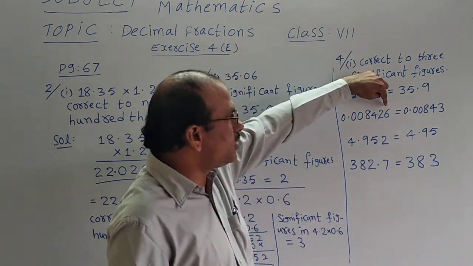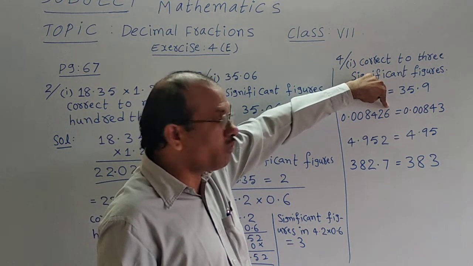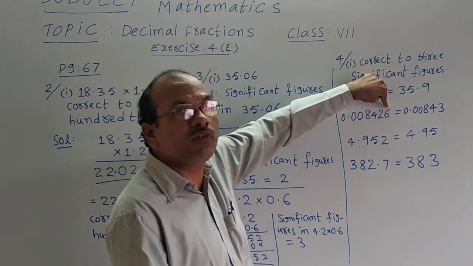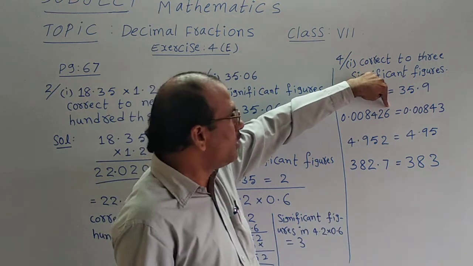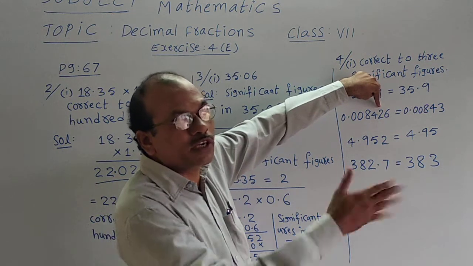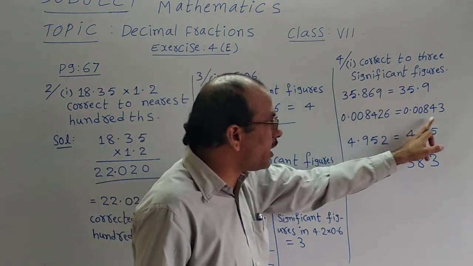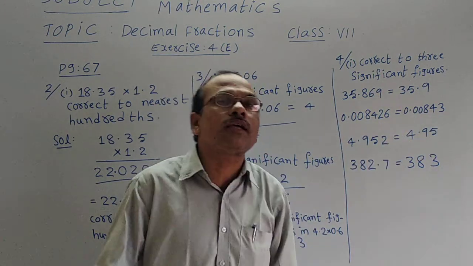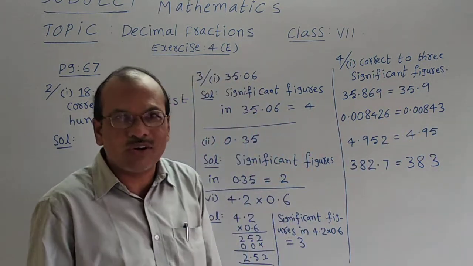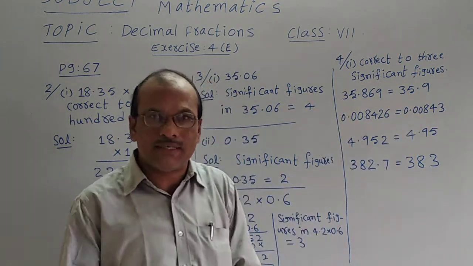This digit is more than 5. Either equal to 5 or more than 5, whenever we want to remove such a digit, then 1 should be given to the previous digit. Then only we can ignore that other digit. So 8, 4, 3 I have to write, because that 6 I am going to ignore. When connected to 3 valid digits, it becomes like that.